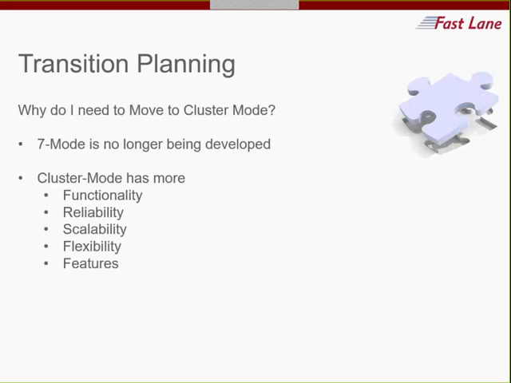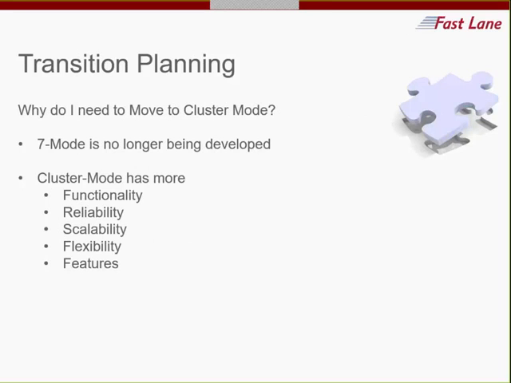Well, 7 mode was NetApp's flagship for many years, but over the last few years, NetApp has been proactively pushing for cluster mode. The reason is that with cluster mode, you have a lot more stability and a lot more flexibility, without the worry of, if something goes wrong, am I going to lose all my data, either by connectivity, by data loss, or even corruption?